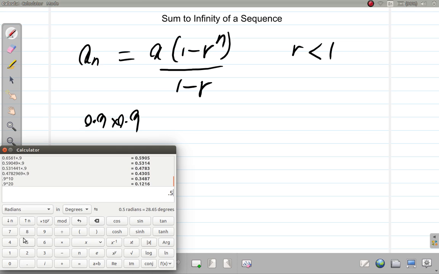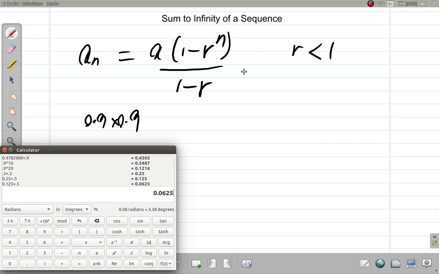If we have 0.5 times 0.5, that's 0.5 squared. It's 0.25 times 0.5 again, which is half to the power of 3, 0.125, times 0.5 again. If we have that times half, we get 0.0625. So each time we're halving the number.